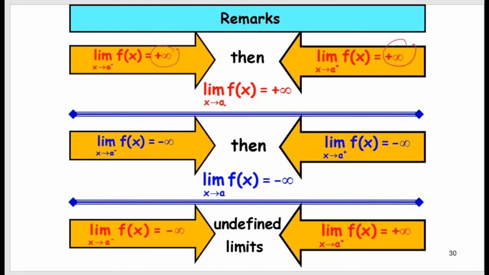We can say that limit x approaching a for the same function would be positive infinity, and the same goes for negative. But if you have a different answer for right and left side, we can say that it is an undefined limit. Okay?